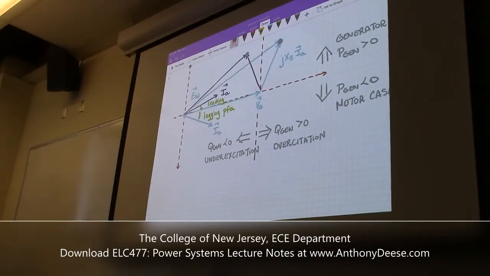Now, you can obviously see that this vector right here, if we include the synchronous resistance, or a transmission line between the infinite bus and the generator, then the direction would be altered, where this difference here would not be equal to the same theta value. So that's part of what would be affected.